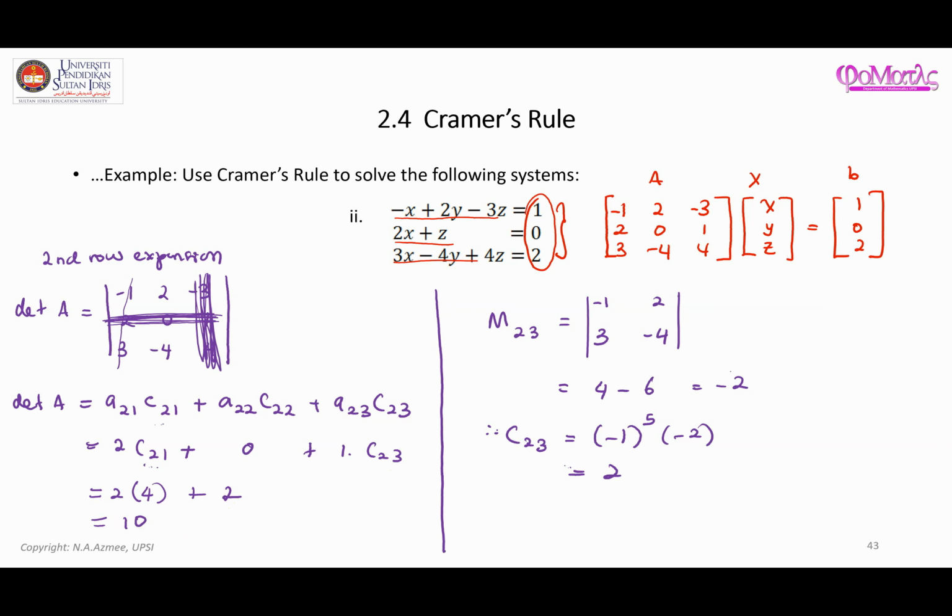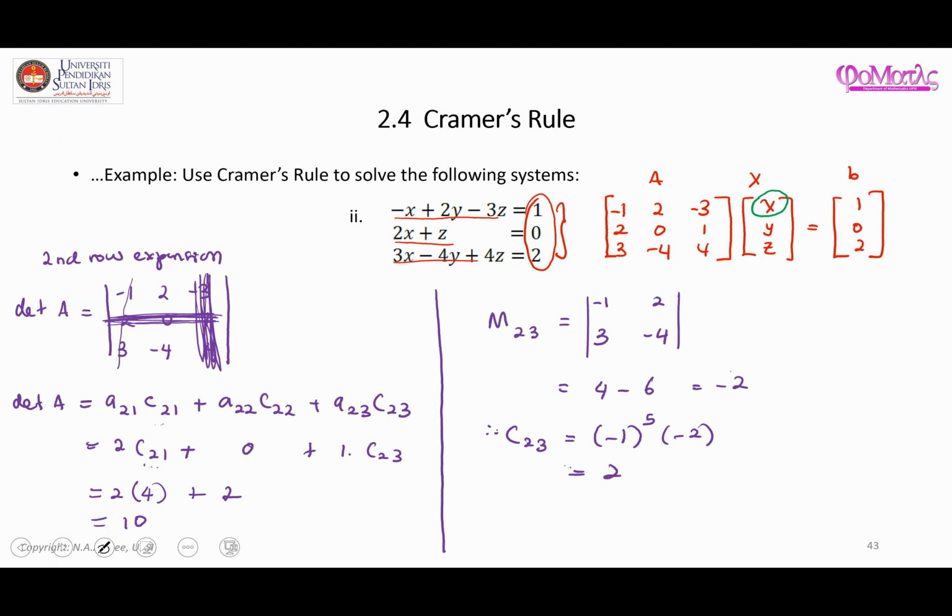Now if you want to find the value of x, what you need to do is create a new matrix. This new matrix, we're going to call it A1b, because 1 here also refers to the position of x as the first unknown variable.